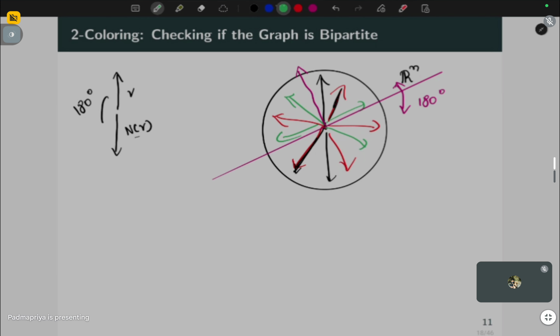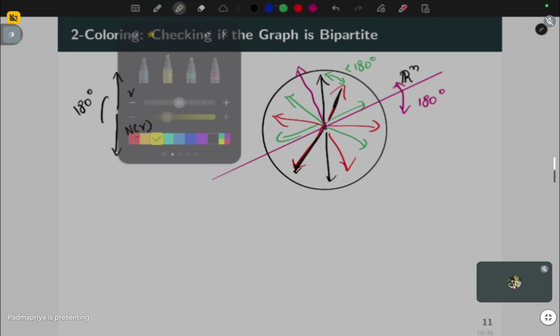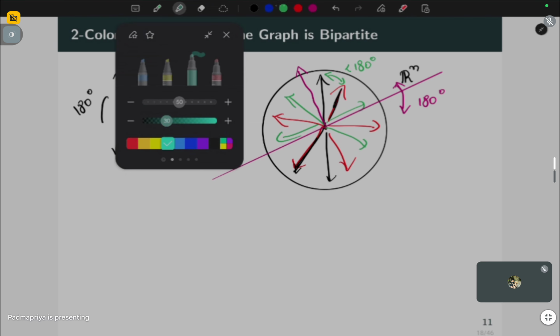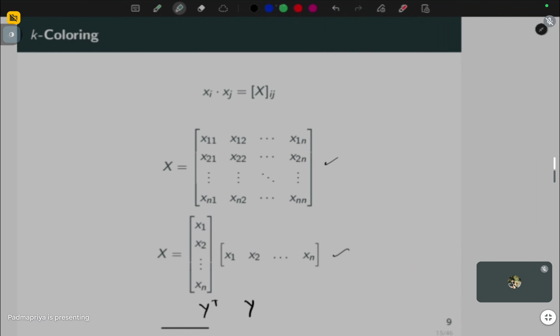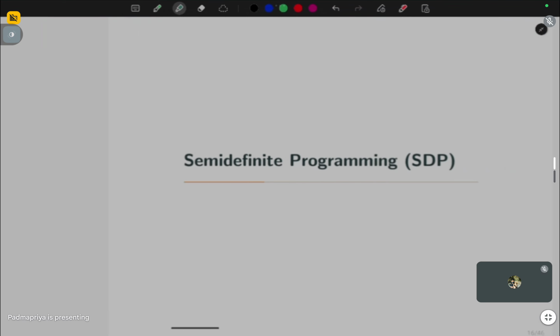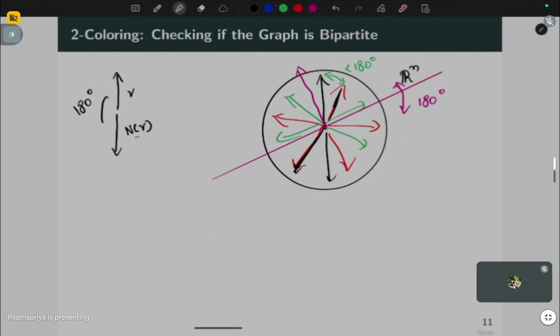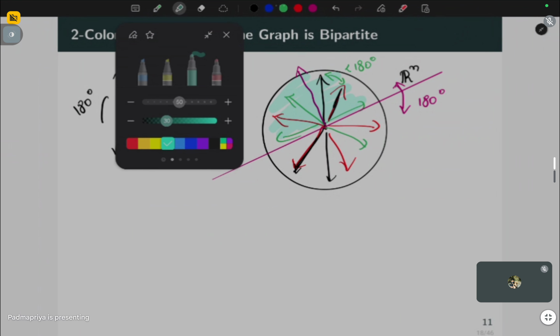What we can say is every vector in this half has angle lesser than 180. So you're guaranteed that all of these are not adjacent, because adjacent is forced to be 180 by our programming. So every adjacent pair has this constraint imposed on it. So this can be colored nicely in this way.